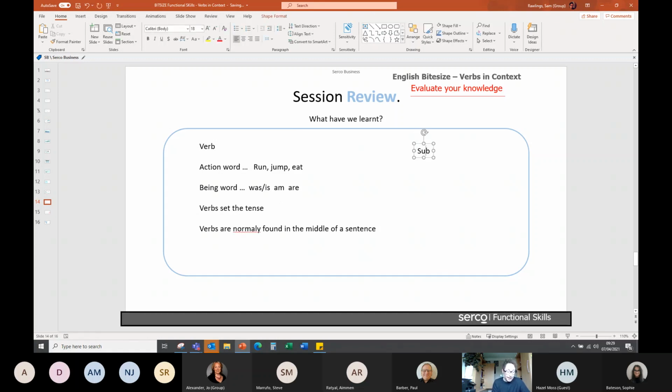And so here we go. So thinking about subject-verb agreement. So this is the complicated bit. If it's a singular subject, do we use an S, or do we not use an S? Good.